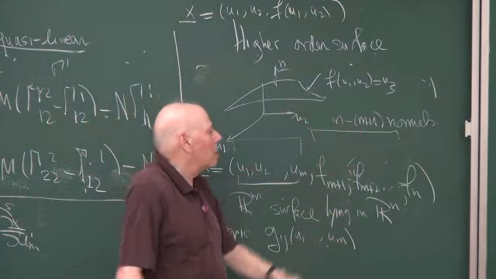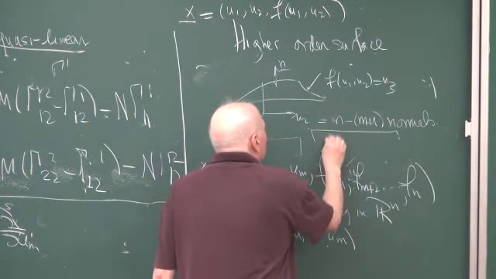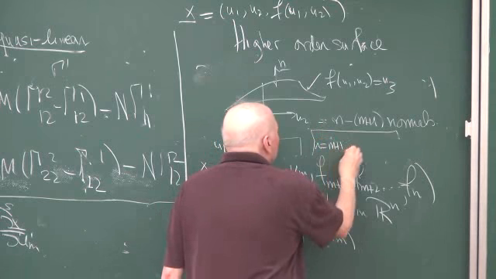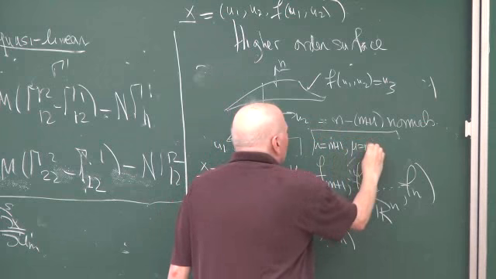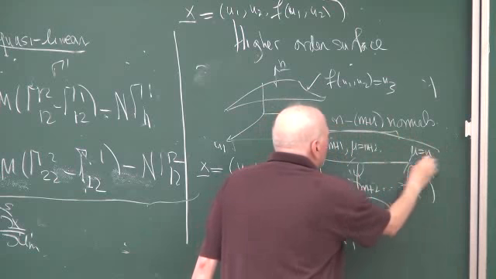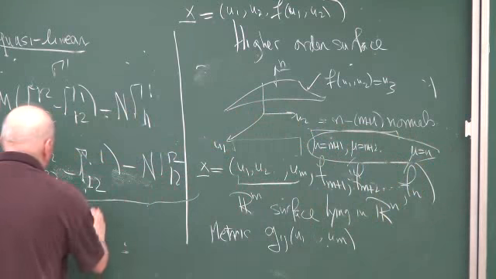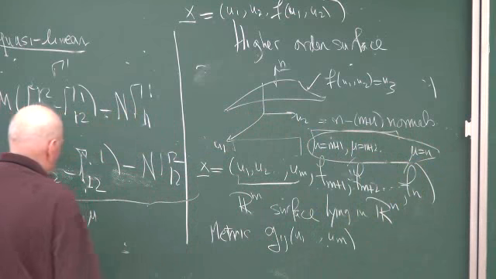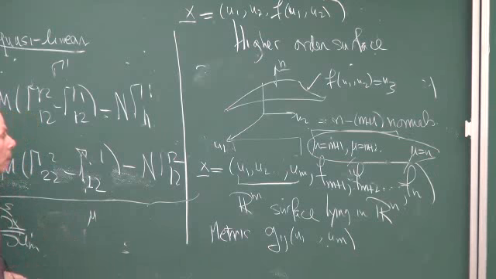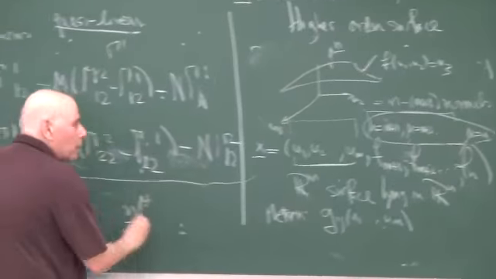But in general, there'll be a lot of these, so this will be indexed by mu. So mu equals m sub 1, mu equals m sub 2, and mu equals n. So there'll be a family of normals, n mu. I'll use lowercase or big. Oh, let's use lower. Okay. n mu will be a family of normals.